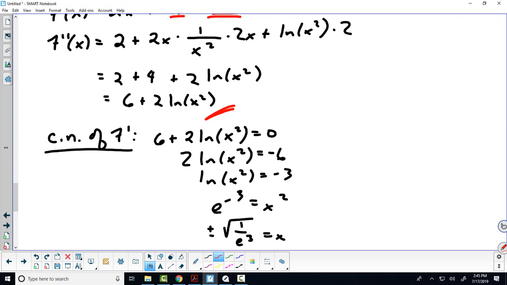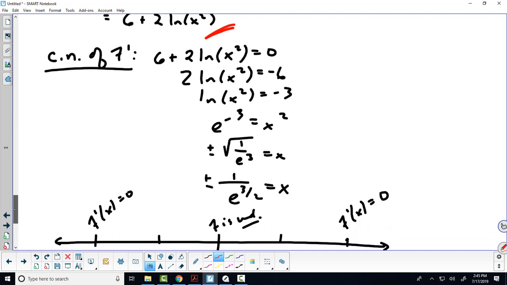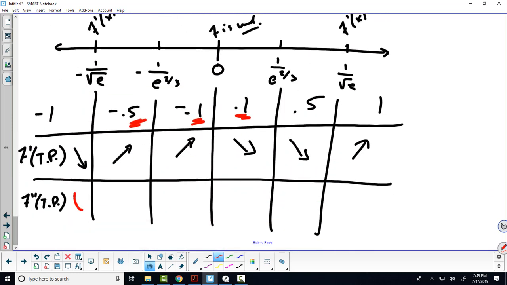That would take a little bit of checking, but if we did so, we would find that we are concave up, and then concave down, because the sign there changes from positive to negative in that interval, and we would still be concave down, concave up, concave up. Okay.